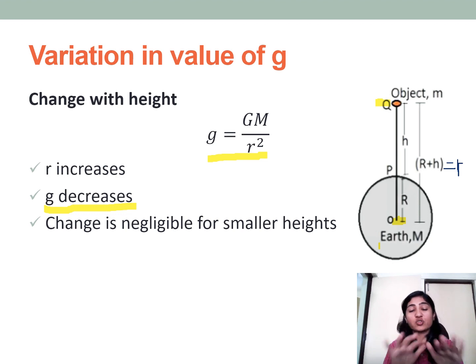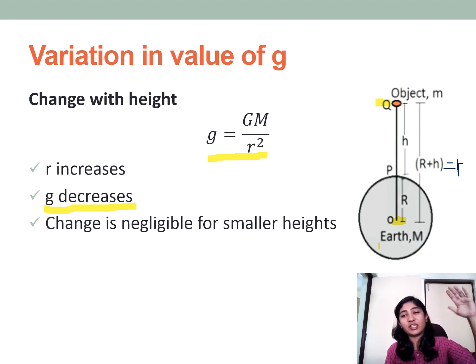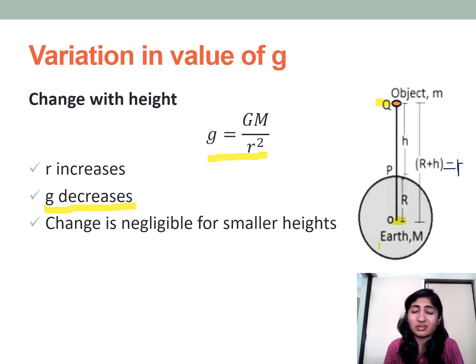So if we go above 10 kilometers, the change is very small as compared to the radius. So for heights like 10 kilometers, 20, 100 from the earth's surface, the change in the value of g will be very negligible.